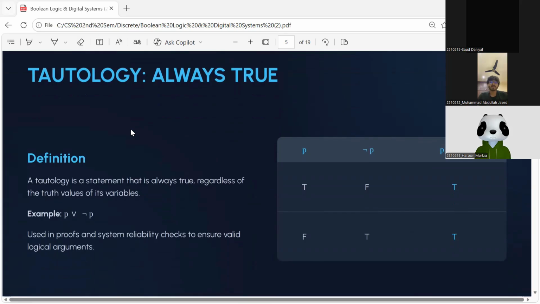In an OR gate we just need one true statement, so the output is always true. So this is our basic tautology concept, and the output that we have come across is always true. Now we'll go to the next slide.